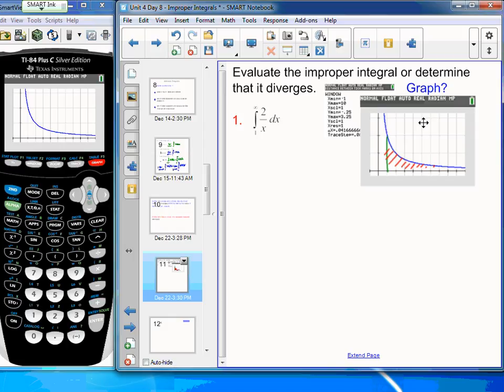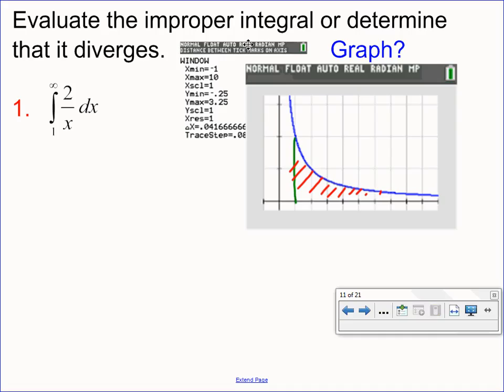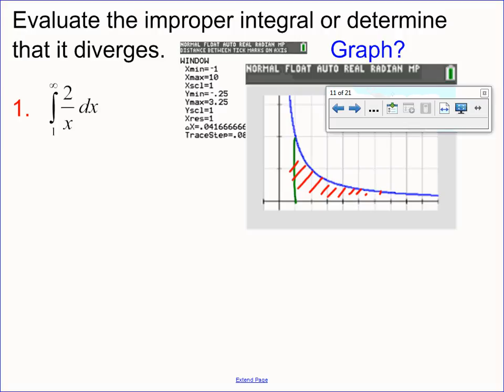But that's okay, because we've got a tool bag. We worked hard to develop it. In this case, our tool is the limit. We're going to rewrite this using a limit. And so let's go ahead and consider the limit as b goes to infinity of the integral from 1 to b, because we can evaluate that.